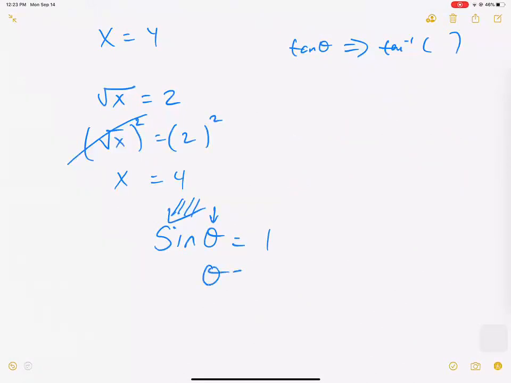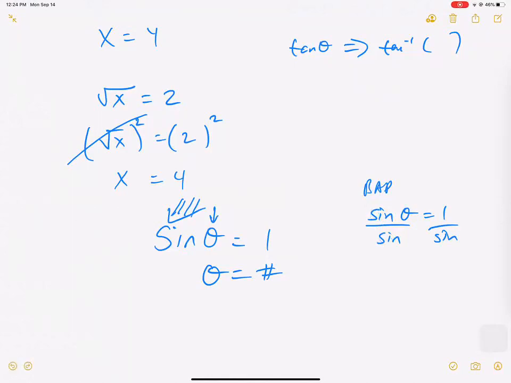We want theta equal to some number. So the way we do that, we can't divide by sine. This is bad. Sine of theta equals 1. We can't just divide by sine. This is wrong. It doesn't work, because sine isn't a number.